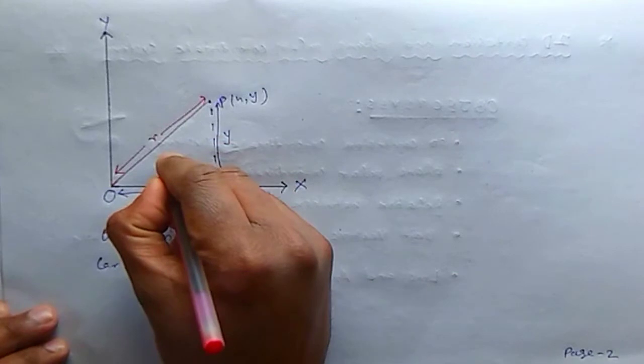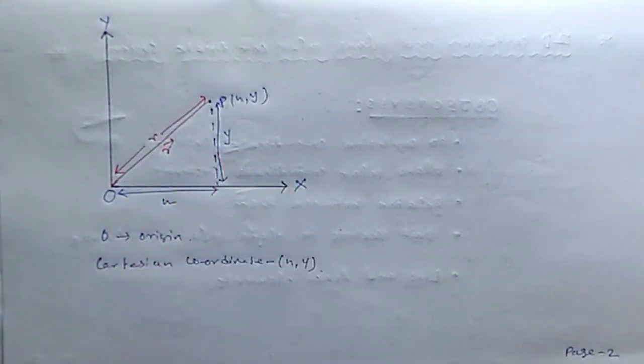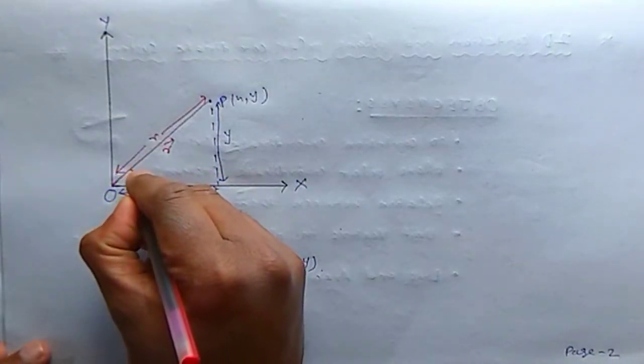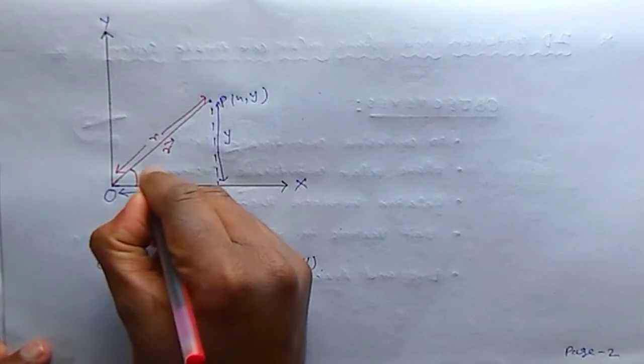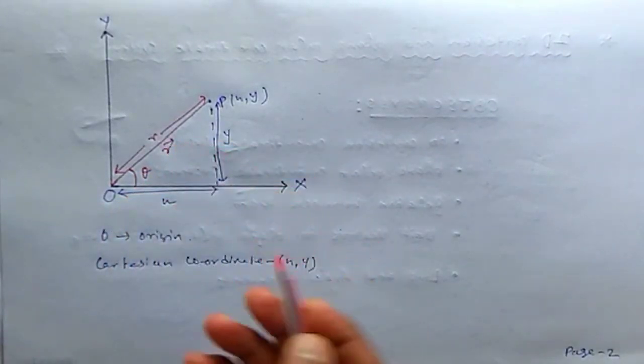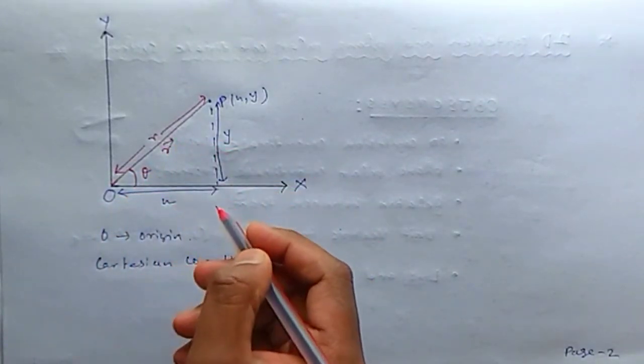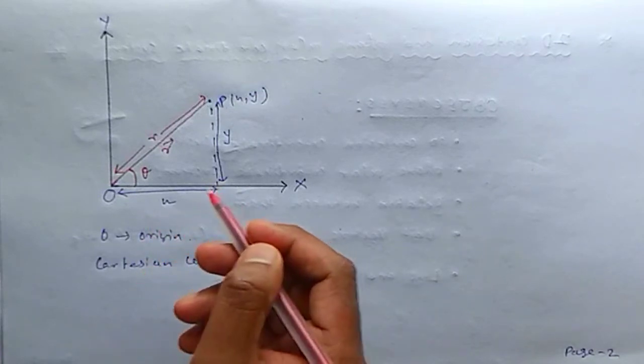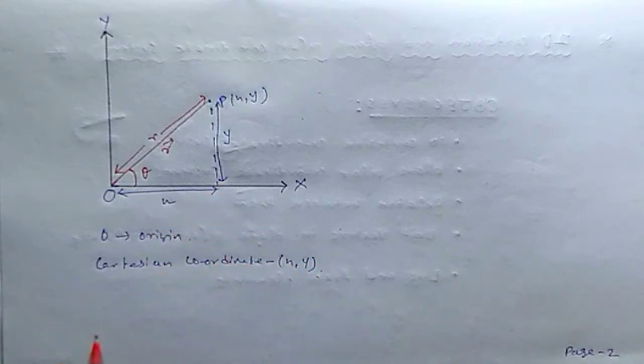Now, r vector is called the radius vector, and the angle theta which the radius vector r makes with the x-axis is another coordinate, called the vectorial angle.